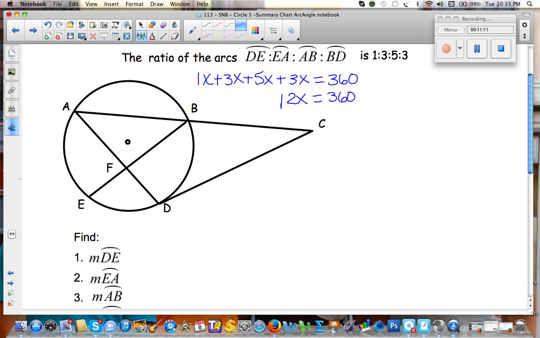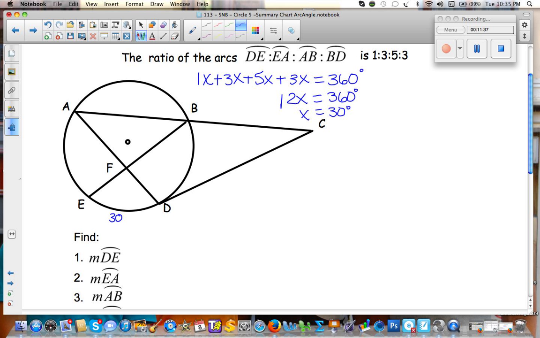And notice here we're talking about degrees. So x is equal to 30 degrees. So when I substitute that in on my diagram over here, here is arc DE, and we know that it is 1x. So this is going to be 30 degrees. And if I look at arc EA, that's the second one, it's 3x.